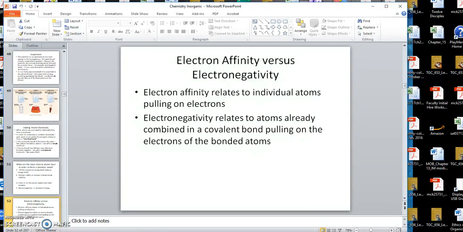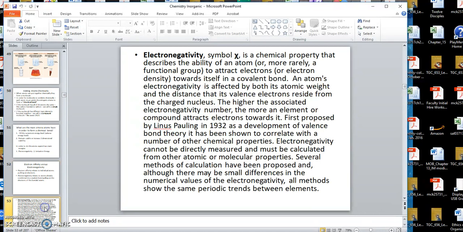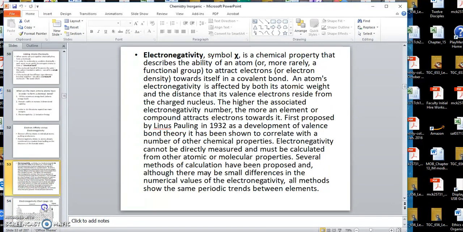Electronegativity, for our purposes, even though they're 2 different terms, in this biology course is going to say for an atom to hold on to the electrons it already has. Now listen to me, to hold on to the electrons it already has and reach out to get additional electrons to fill its outermost shell. So that's our definition. Hold on to what you have and grab others to fill the outermost shell. So I'm going to pass on that.